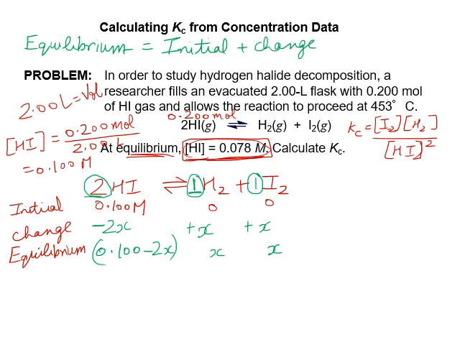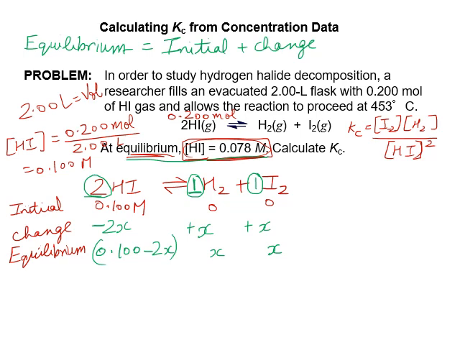Now, what does the question tell me? Once you have your ICE table, figure out your equilibrium concentrations and then see what information the question is giving you. Is there any information that you haven't used, and is there any information that you can use to solve for this x? Our aim now is going to be solving for x. What is my HI? HI at equilibrium the question says is 0.078, which means this is my concentration at equilibrium that I just figured out.